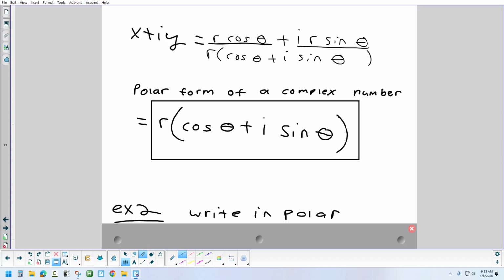Let's say r was 5 and theta was 30 degrees. 5 cosine 30 plus I sine 30. That's a final answer. You don't do anything with it. You don't take the cosine of 30. You don't distribute out the 5. You leave it just like that. Okay, so final answer always is going to look like what's in that box, except you fill in the value you get for r and fill in the value you get for theta.